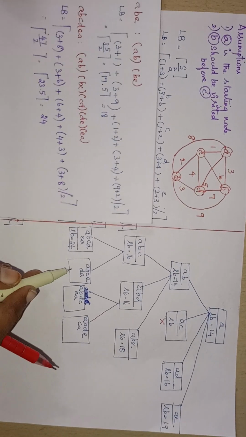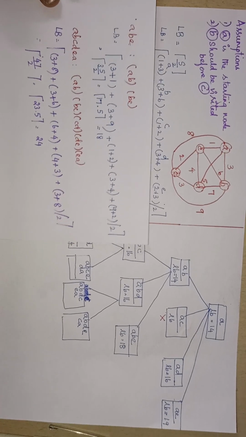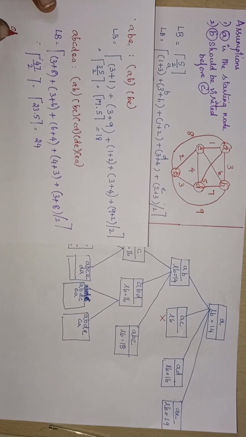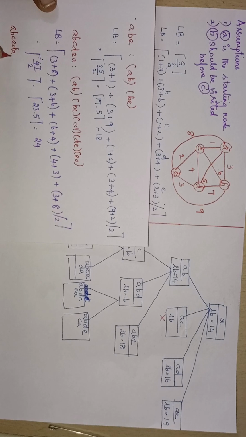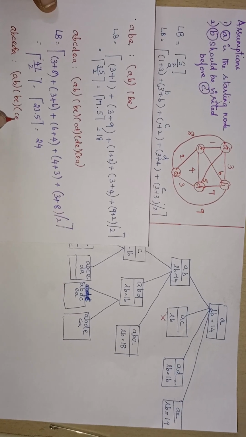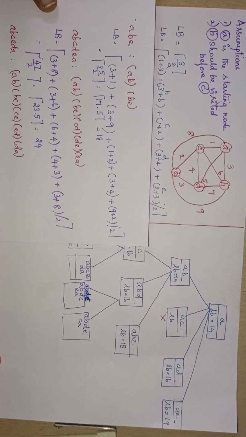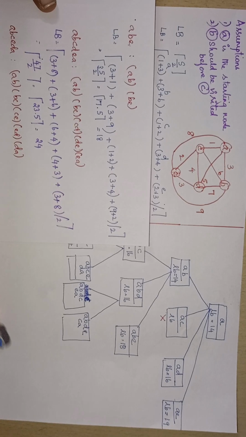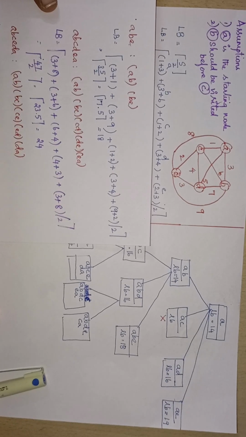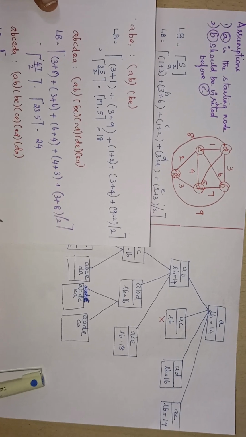Next, I have to find the LB of this one. So the edges are AB, BC, CE, ED and DA. So for the lower bound, definitely with respect to city A, AB and DA should be included for sure.